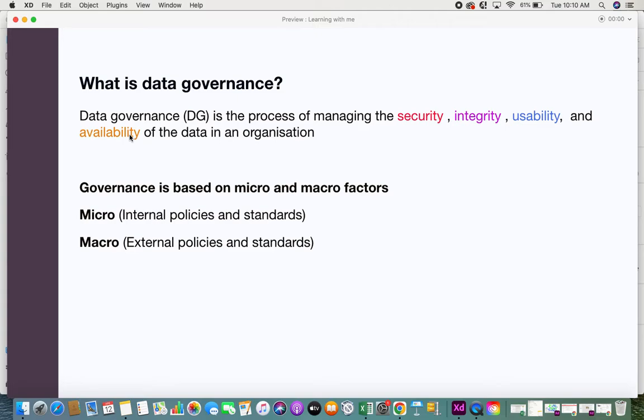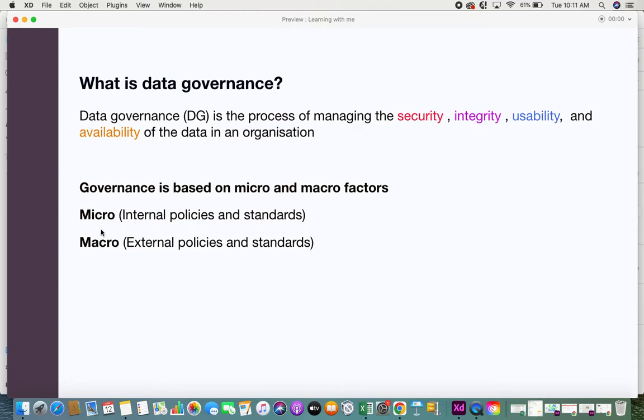Data definitely needs to be available to certain people at certain times in order to make decisions, in order to do certain calculations and processing. So managing all these different aspects is what data governance is all about. And data governance is based on micro and macro factors, okay?